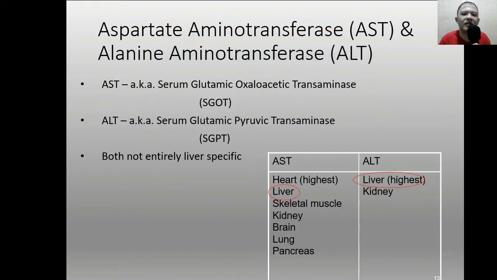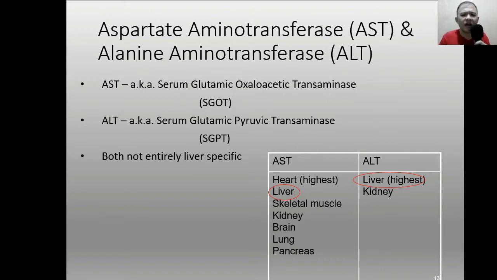The first liver enzymes are the AST, aspartate aminotransferase, and ALT, alanine aminotransferase. Both of these are not entirely liver specific because they are also produced in other organs. AST is produced more commonly by the heart, but also by other organs. ALT is also produced by the kidney, which is why they're not entirely liver specific.